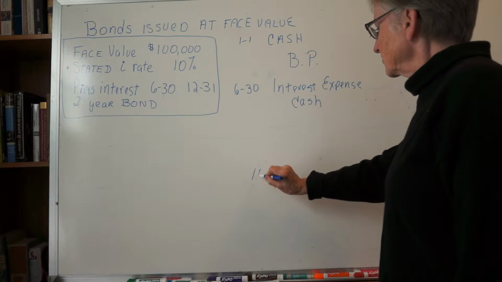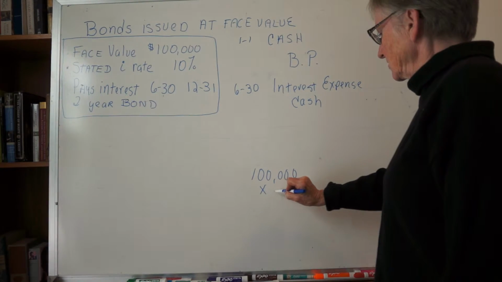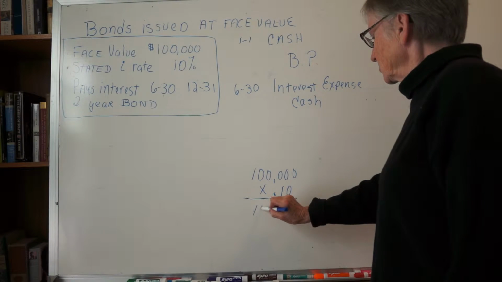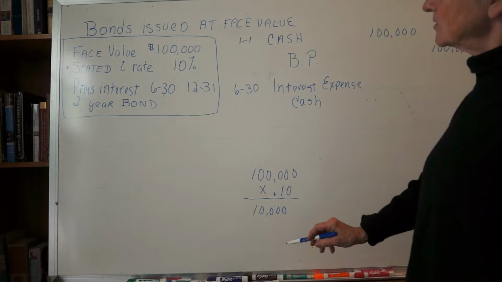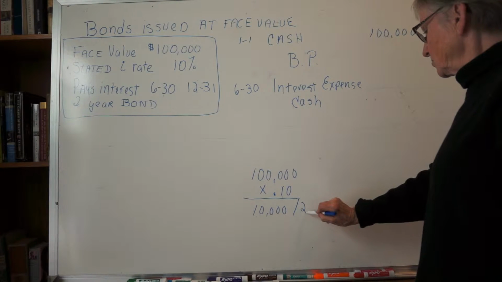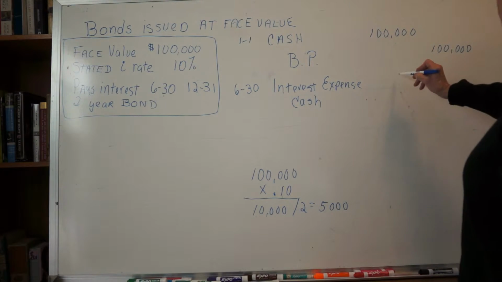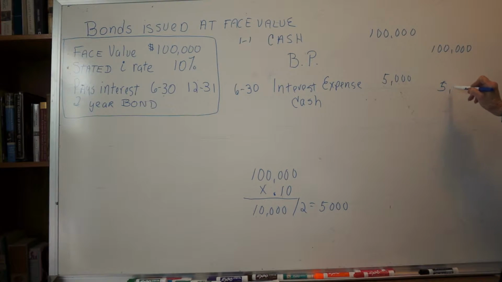Well, you take the face value of the bond times the stated interest rate, and that gives you the total interest due on that bond for the year. But we're paying that $10,000 in 2 payments, so each payment is going to be $5,000. So interest expense on June 30, $5,000, and the cash that goes out is $5,000.